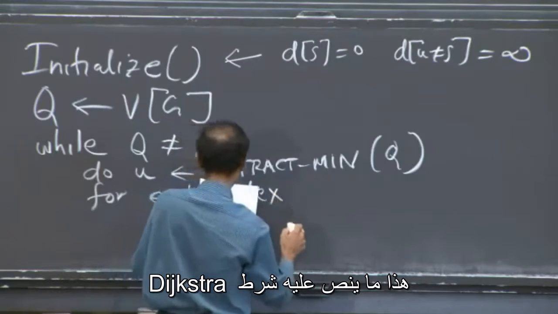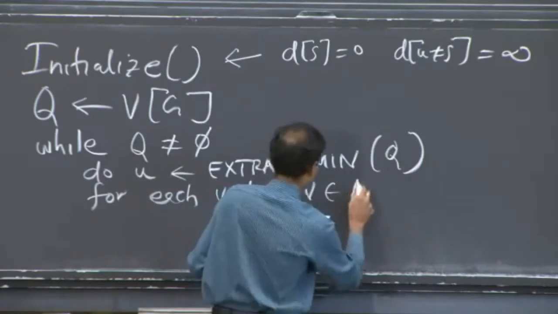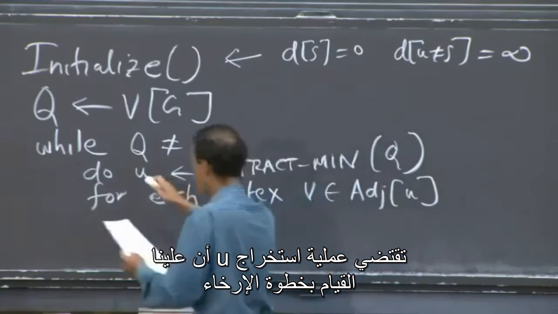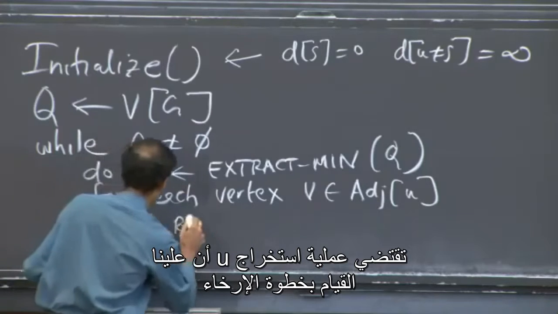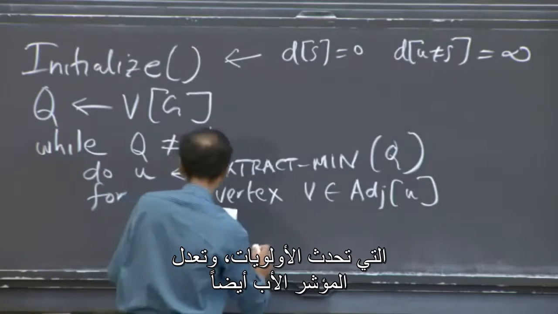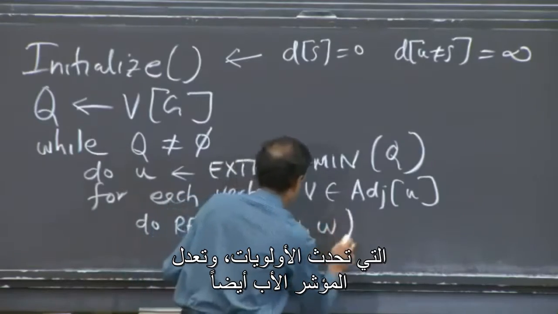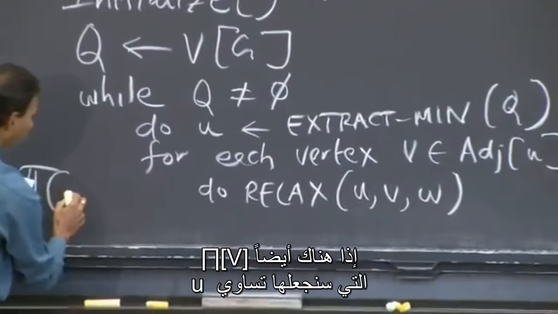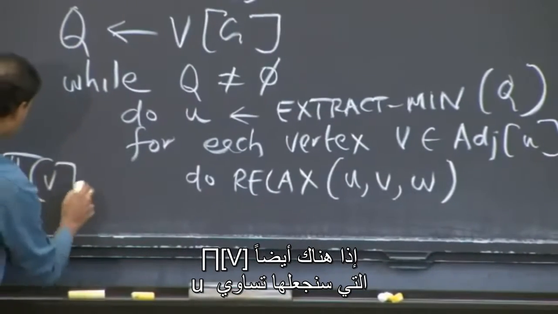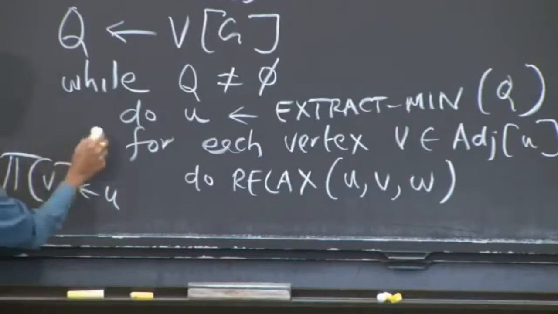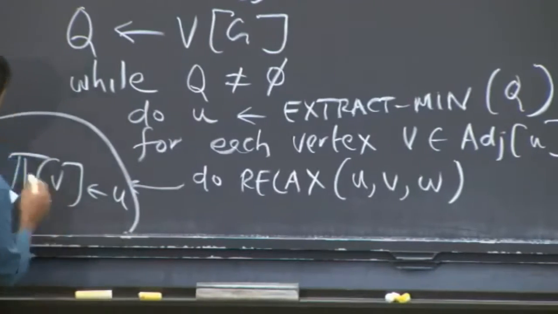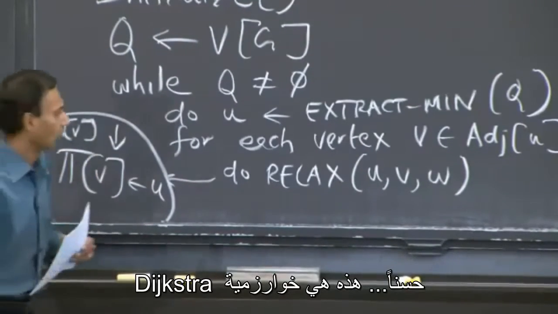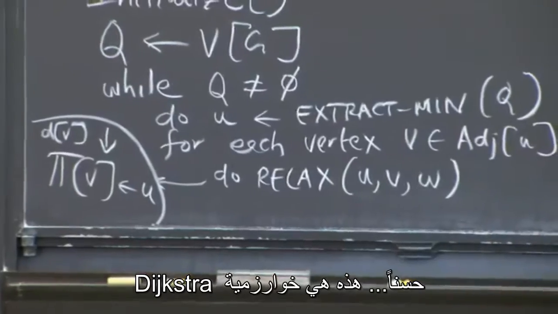That's what the Dijkstra invariant is. The process of extracting U implies that we have to do a relaxation step that updates the priorities and also modifies the parent pointers. So there's also pi of V that is set to U, as well as d of V getting decremented. Okay, so that's the Dijkstra algorithm.